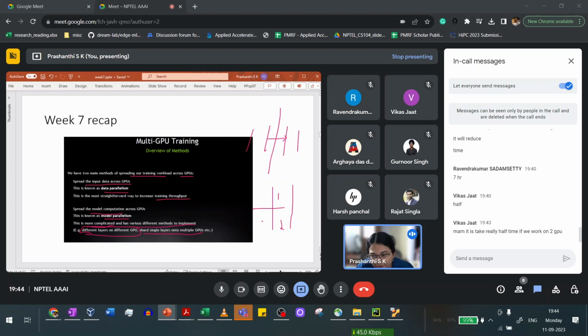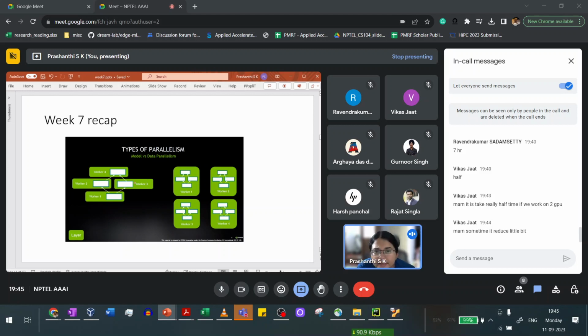So if you're not getting half the time, then you should look at what problems there are. Maybe it's communication, maybe it's something else, right? But in reality, it may not be half. Half is again an ideal thing, but it also gives you an upper bound for how much speedup to expect. It reduces a little bit, yes, in practice you might see a lot of those effects kicking in.